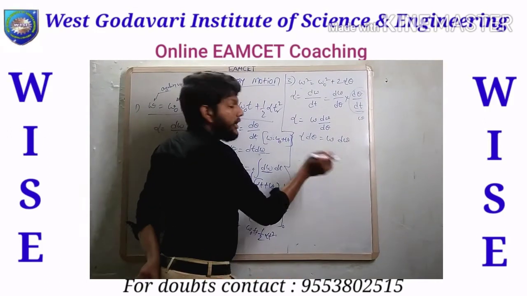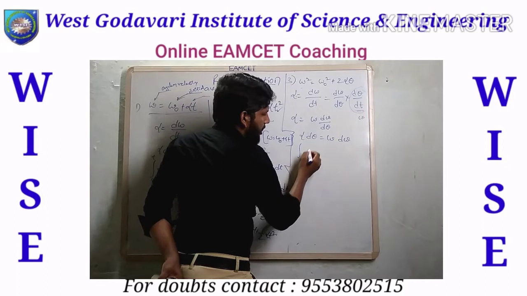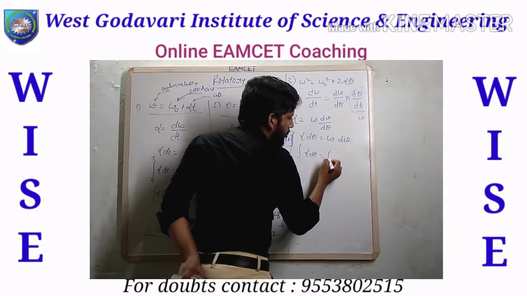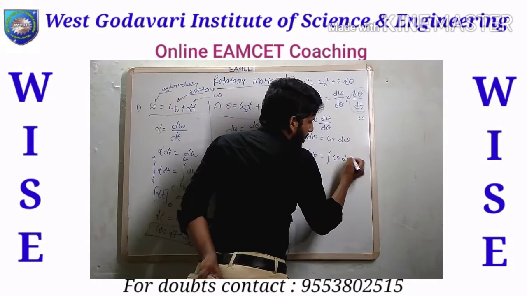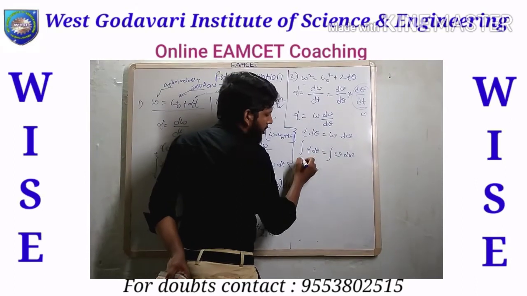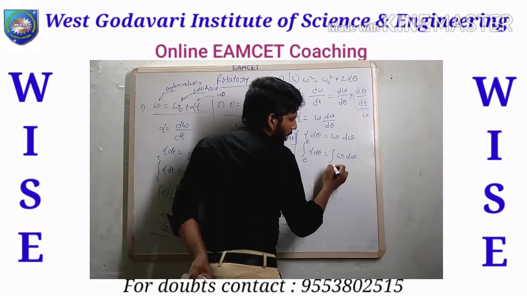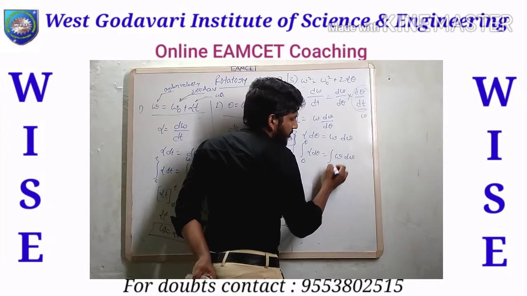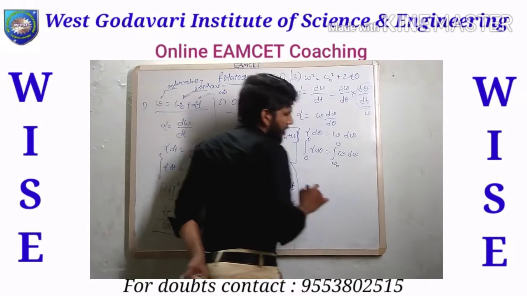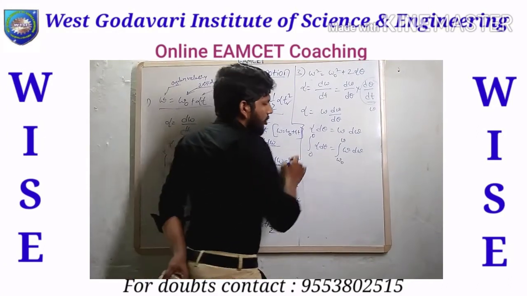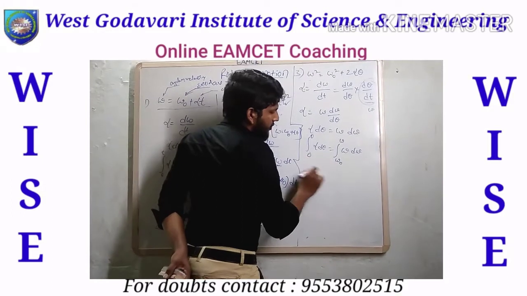Now integrate on both sides, we get ∫α dθ = ∫ω dω. Now write the limits 0 to θ here, and here the initial angular velocity to the final angular velocity.